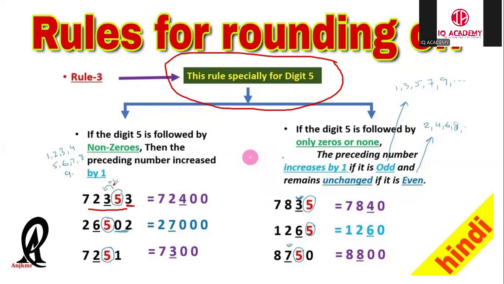So if we round off this number, this will just become 4, because the 5 has been followed by non-zero numbers. Even here, we do the same, because we have a 0 right here, but there's a 2 after it, and 2 is a non-zero number. So if I round off from here, the 6 should increase by 1. And even here, we do the same: this 2 should increase by 1, and so it becomes 3. So this is the normal thing that you know.